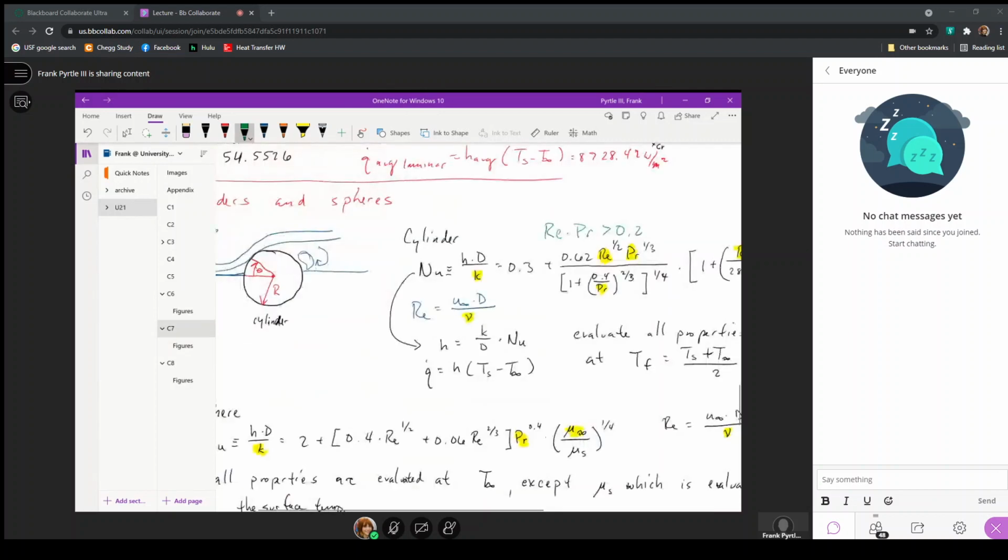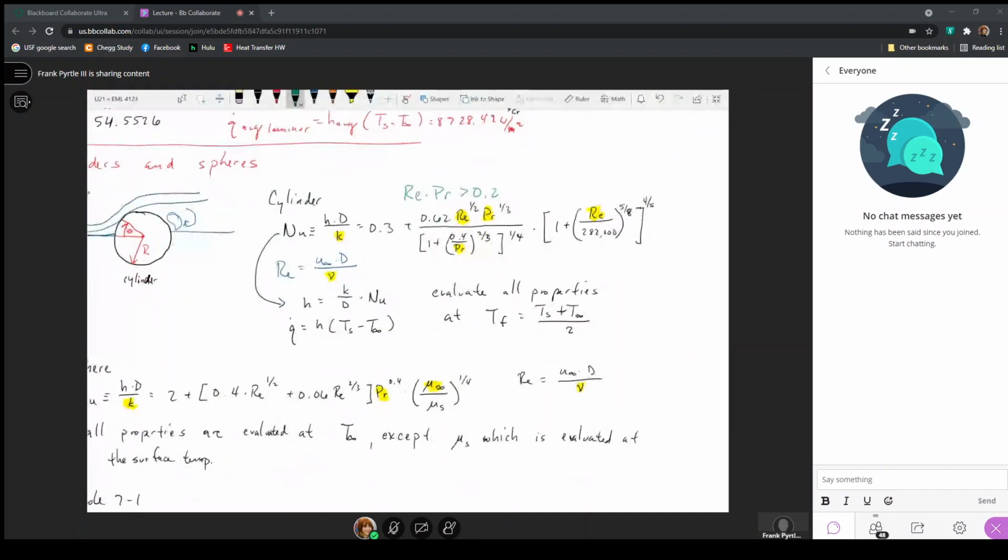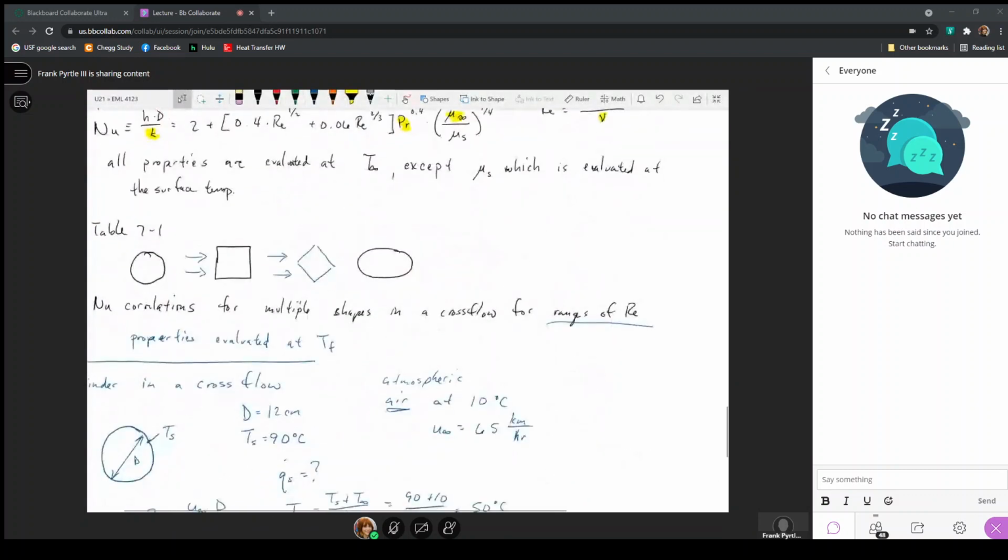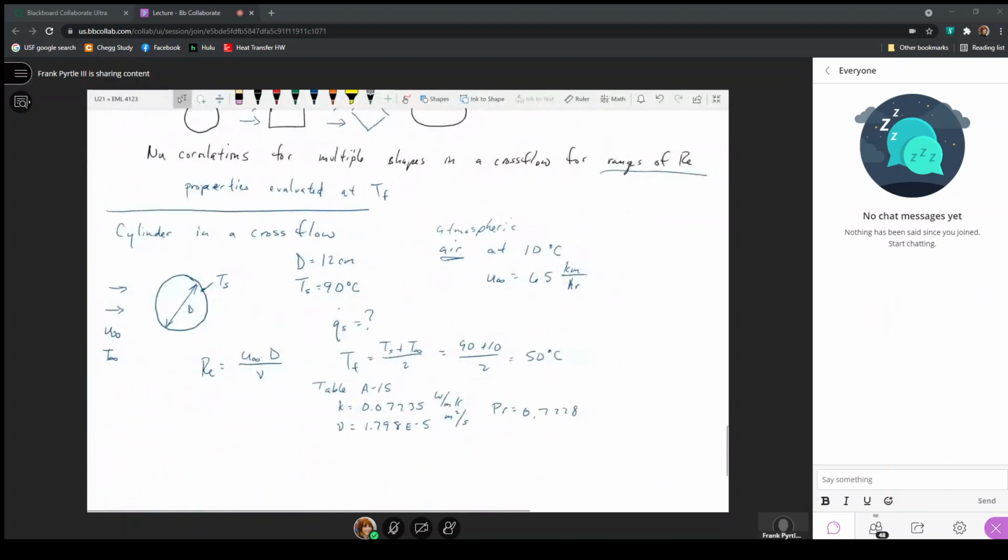So the last time I specified a problem statement here, we considered a cylinder in a cross flow. Here, this would be a circular cylinder with a given diameter, surface temperature, and an air temperature flowing over it. And here we're going to consider, what is the heat flux from the surface?